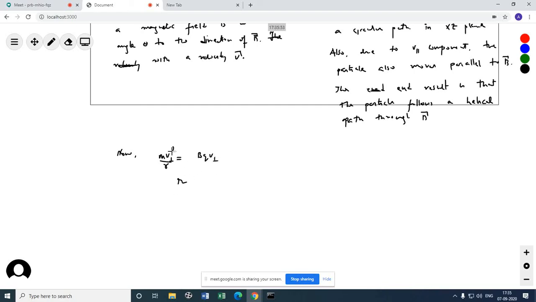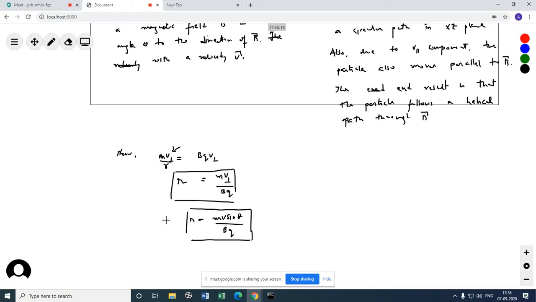So in this case, r will be m v perpendicular by B q. This is now the radius. That means I can also write this as r is equal to m v sine theta by B q, where theta is the angle at which the particle has entered the magnetic field.